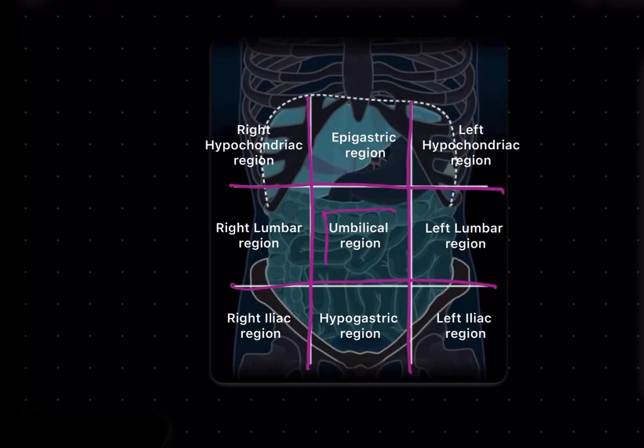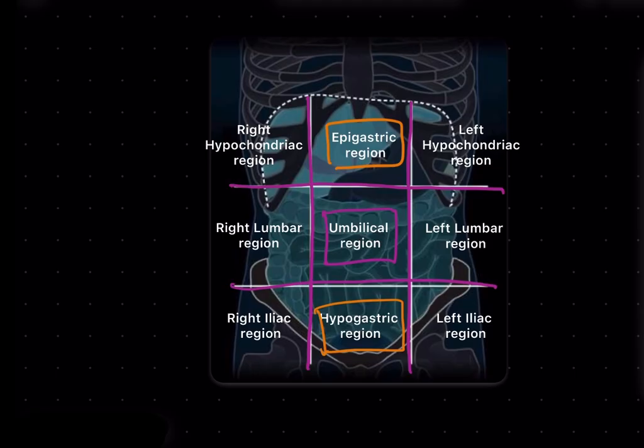The middle region right here is called the umbilical region. The reason is known to you because it's here where we have the umbilicus or the navel. Then the region right above and below the umbilical region is called epigastric and hypogastric. Epi means above something, hypo means below. Then we have the right sides and the left sides.